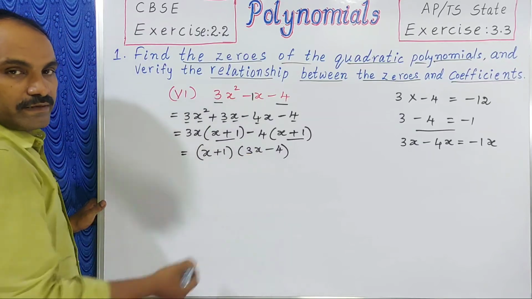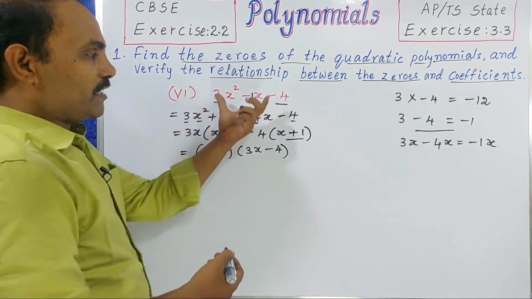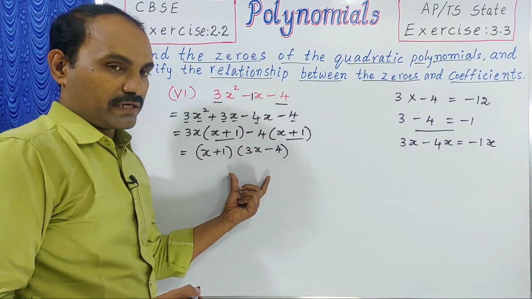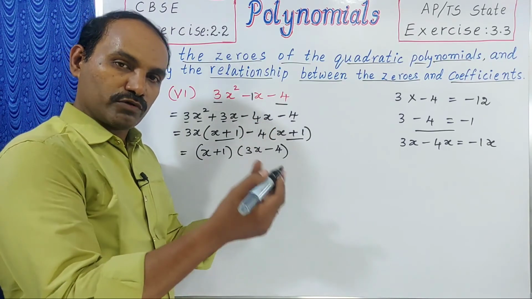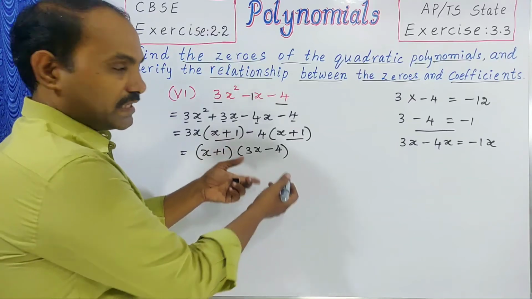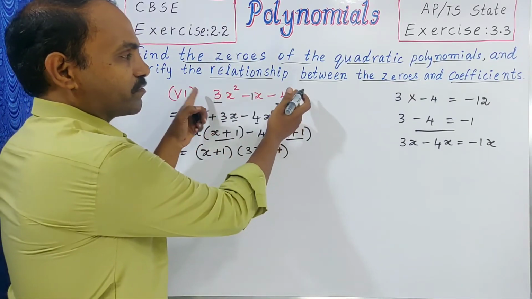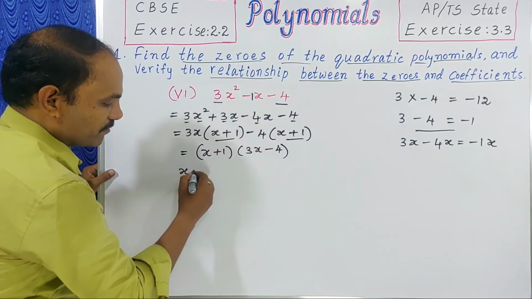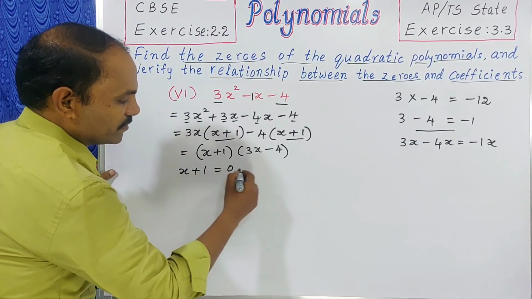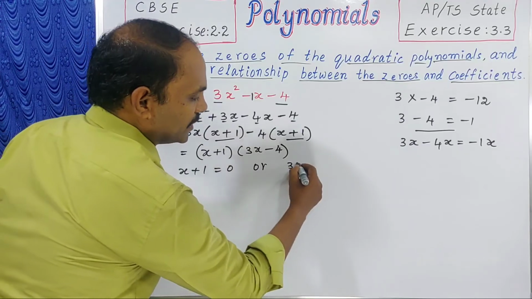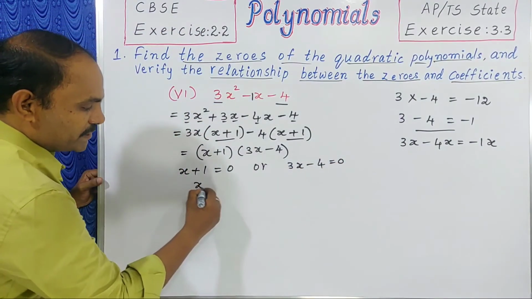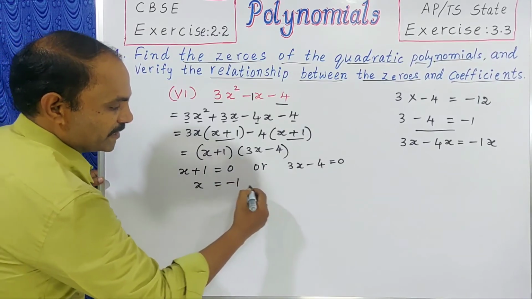Two factors came. Already we know when the quadratic polynomial is 0, any one factor is 0 or both factors are 0, then only the resulting product, the quadratic polynomial, is 0. So make them equal to 0: x plus 1 equal to 0 or 3x minus 4 is equal to 0. x is equal to plus 1 becomes minus 1.